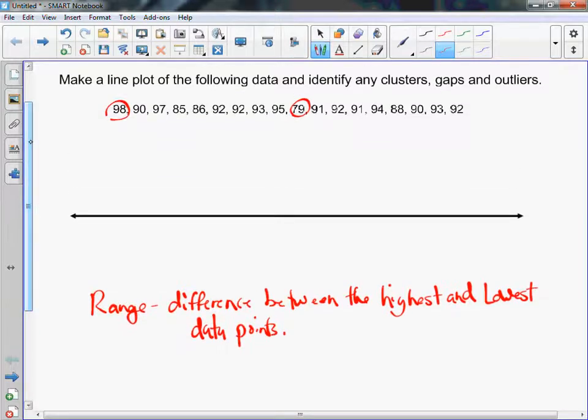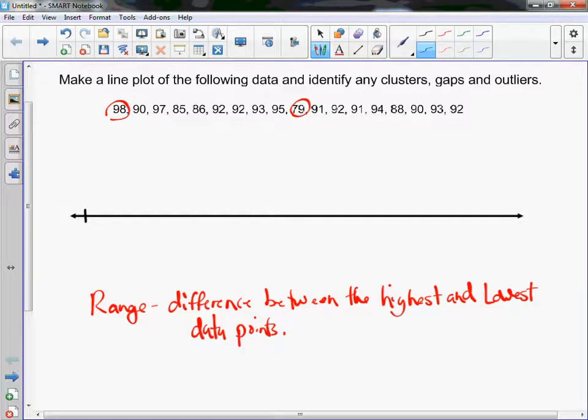So we know our lowest needs to be a 79, and our largest needs to be a 98 on the graph. Let's work our way up to 100 with nice spacing. If this is 79, let's start at 79.